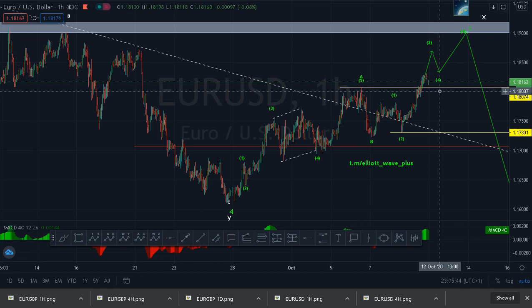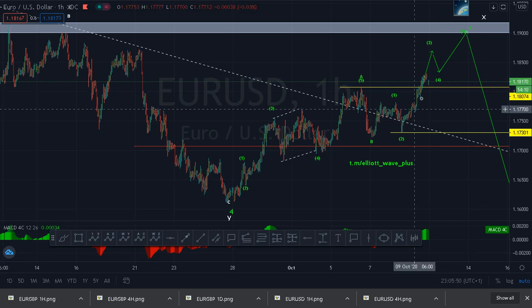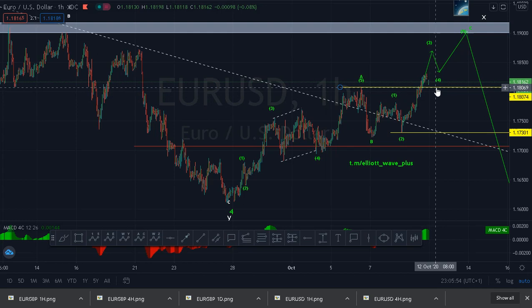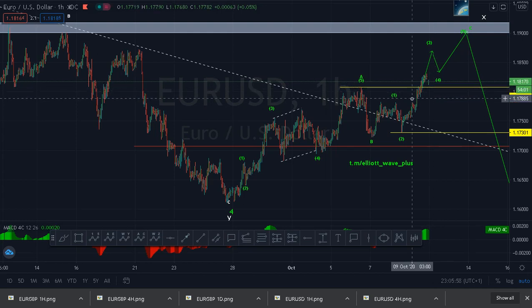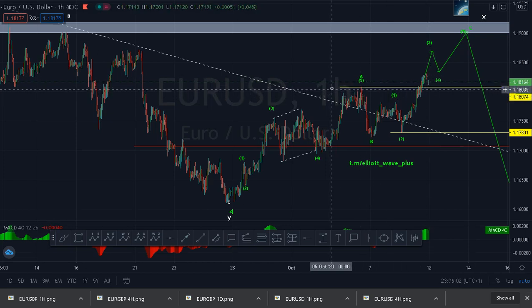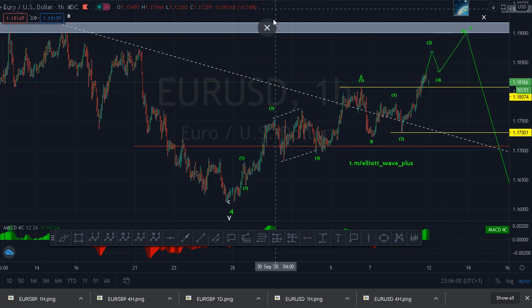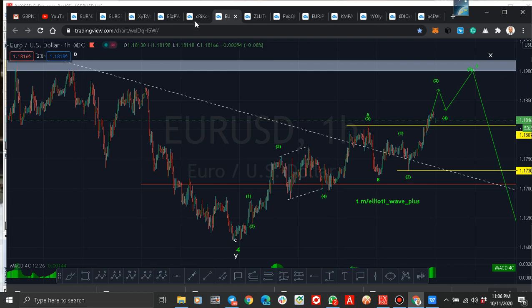So I think if you want to buy, it's a good time to buy. Remember money management: you trade according to the money you have. But markets have closed with a gap. But as long as this has been taken out, I expect another swing up. So that's it for EURUSD.